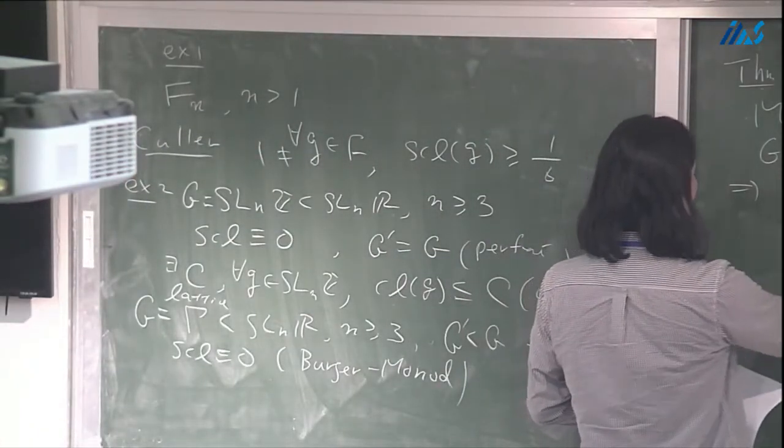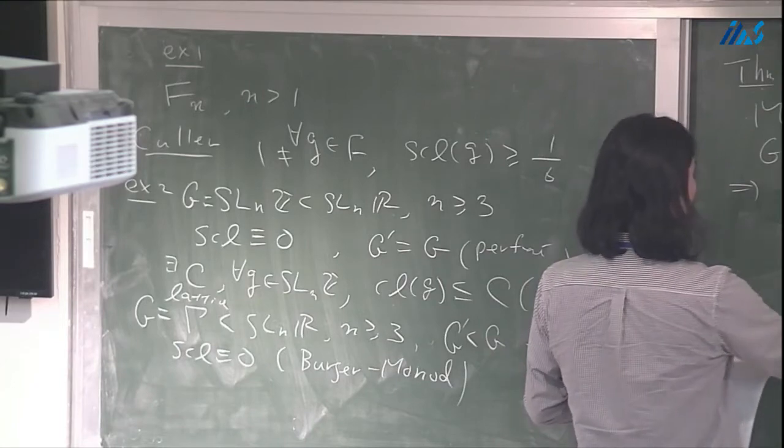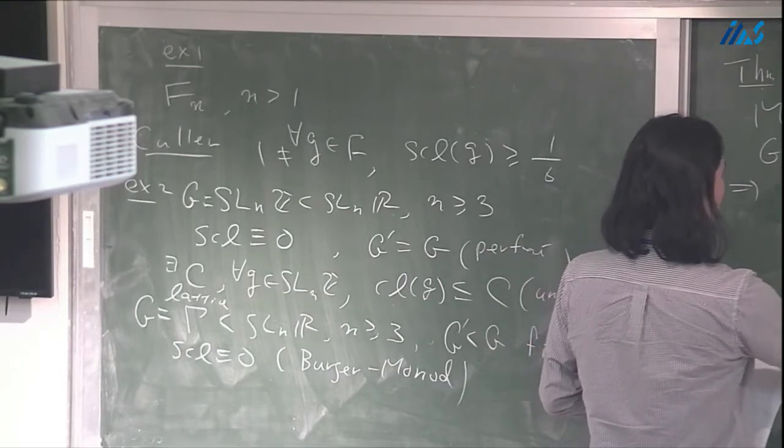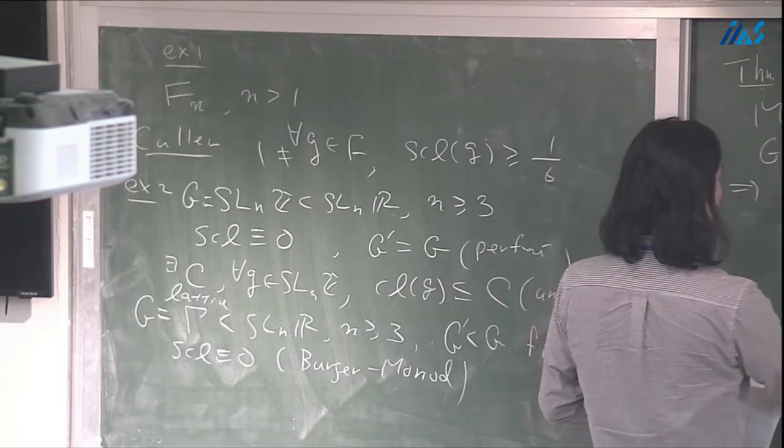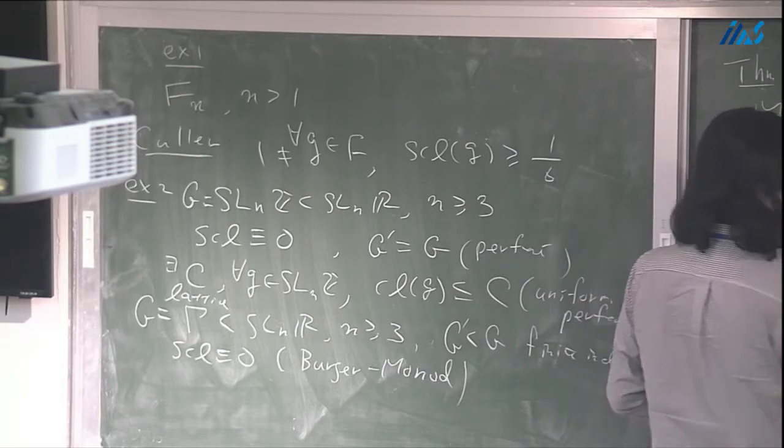Namely, there exists a constant C so that for any non-trivial element G in pi_1, scl of G is at least C.